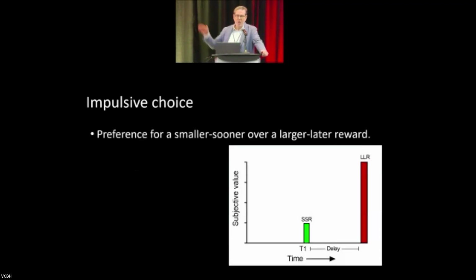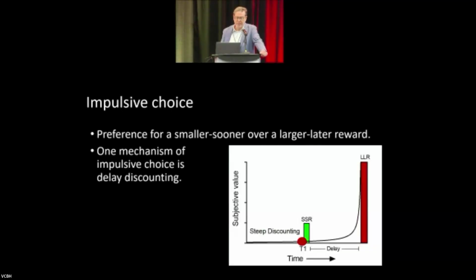It's smaller because that green bar is lower than the red bar. The red bar is the larger later reward. And it's larger because of the height of the bar, and it's also later because of the delay that's imposed between time t1, which is where the choice is made. And so the choice is, which would you rather have, the smaller sooner or the larger later? The impulsive choice is to choose the smaller sooner.